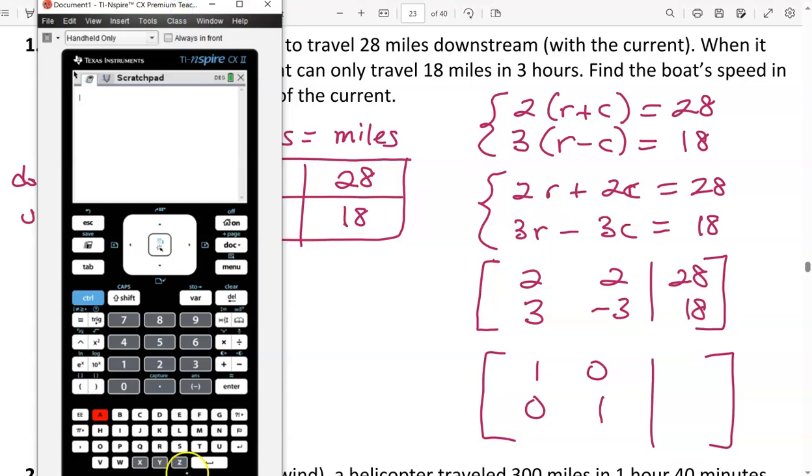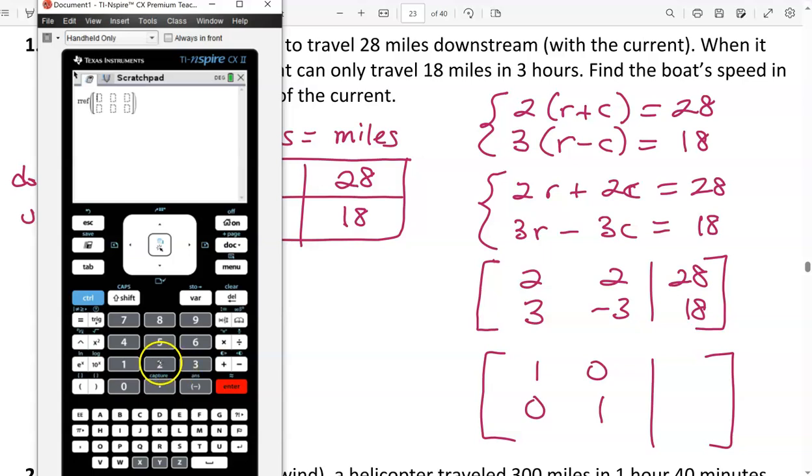So I'm going to type in the letters RREF, open parentheses, and then use the menu key to the right of the 9 to enter a 2 by 3 matrix.